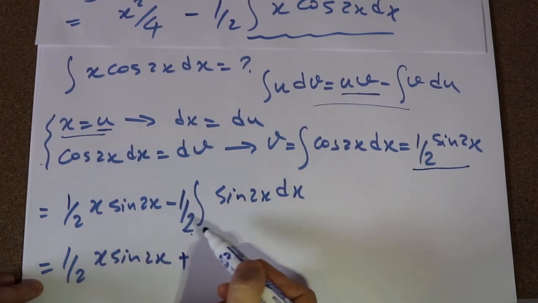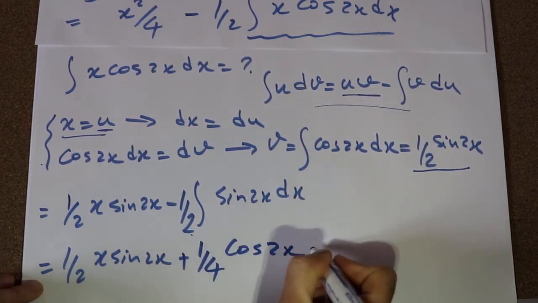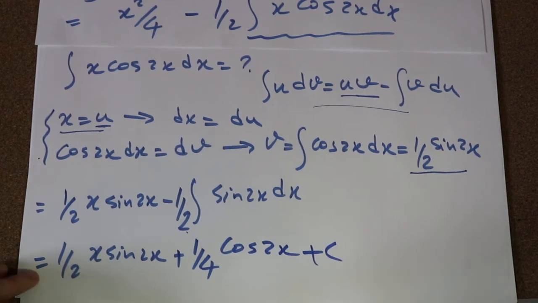And 1 divided by 2 times 1 divided by 2 is 1 divided by 4 cosine 2x plus c, which is the constant of the integral.